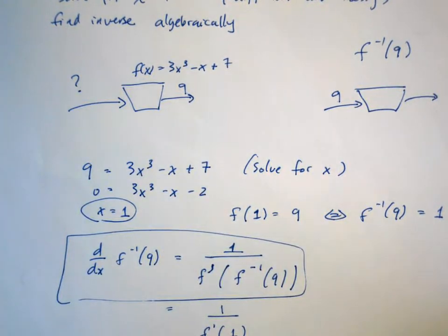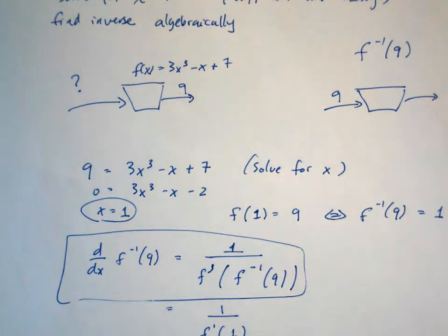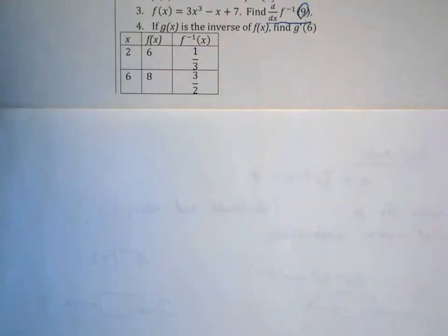That's a much more efficient way to find the value of the inverse at a specific point. Okay. And now I'm going to go on to the next example, where we're dealing with something that's a little bit more challenging.